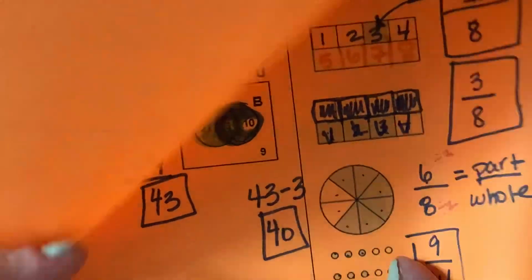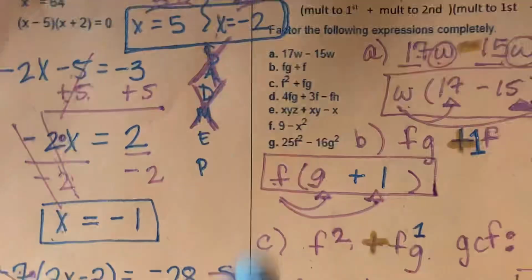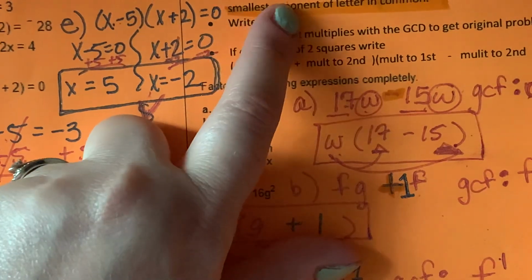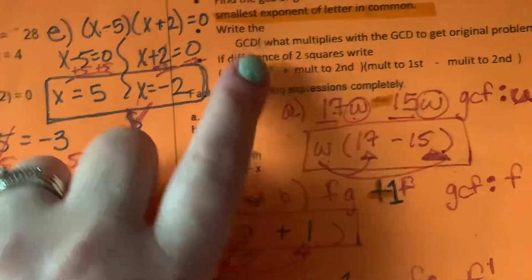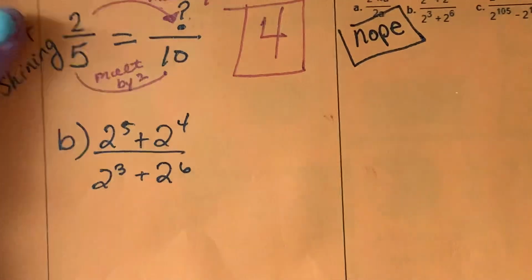And let's remember, when we take the GCF and we're taking letters, we learned in the last unit that to find the GCD or the GCF of all variables or letters, remember to use the smallest exponent. Well, that's what we're going to do here too.